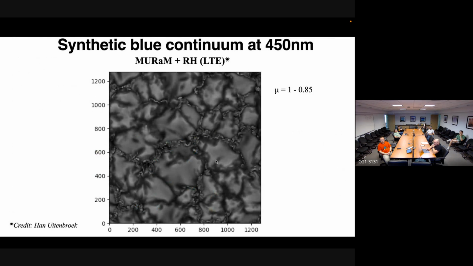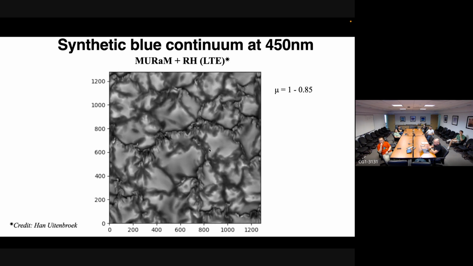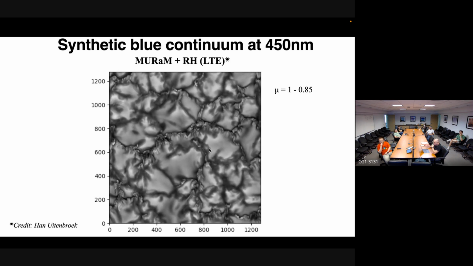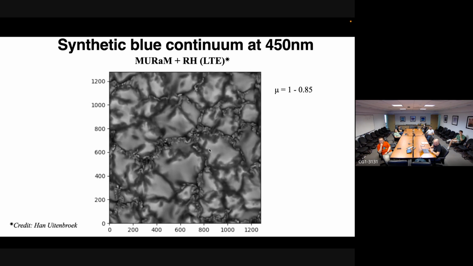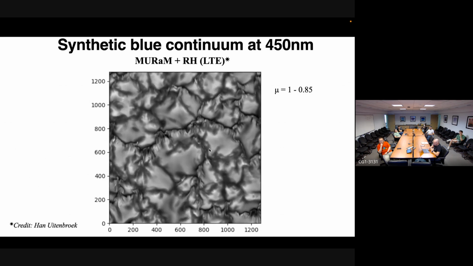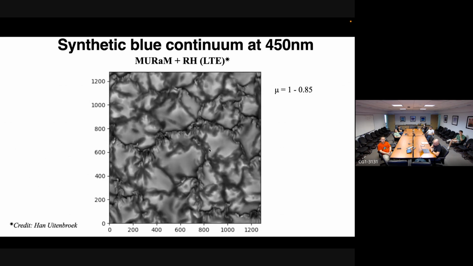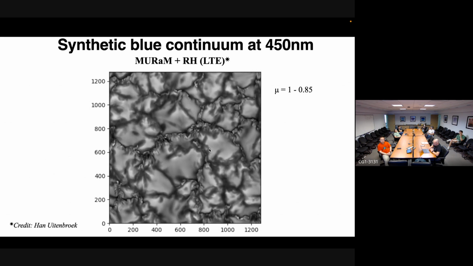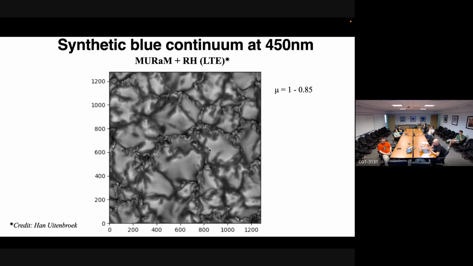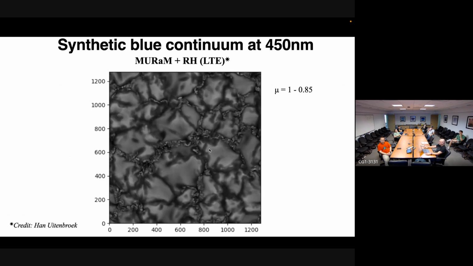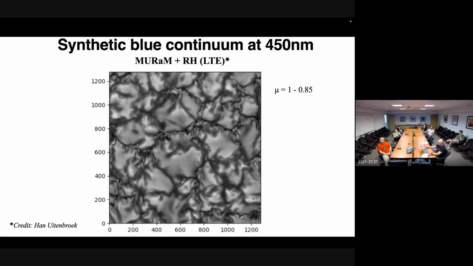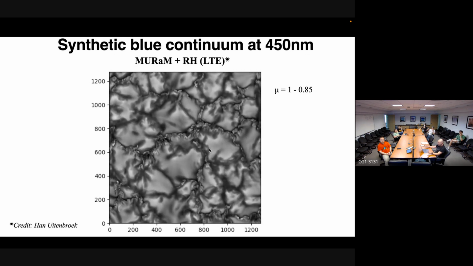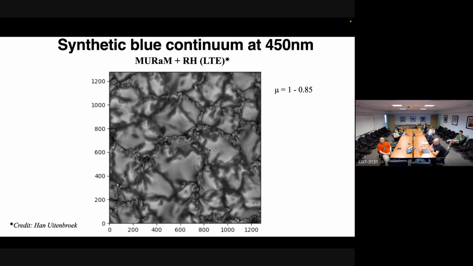Okay, so we took one of the developed snapshots, and initially for a test, we calculated synthetic blue continuum images using the RH code. Han did these calculations. Initially we saw these striations in the early DKIST blue continuum images, and we started the analysis from that.